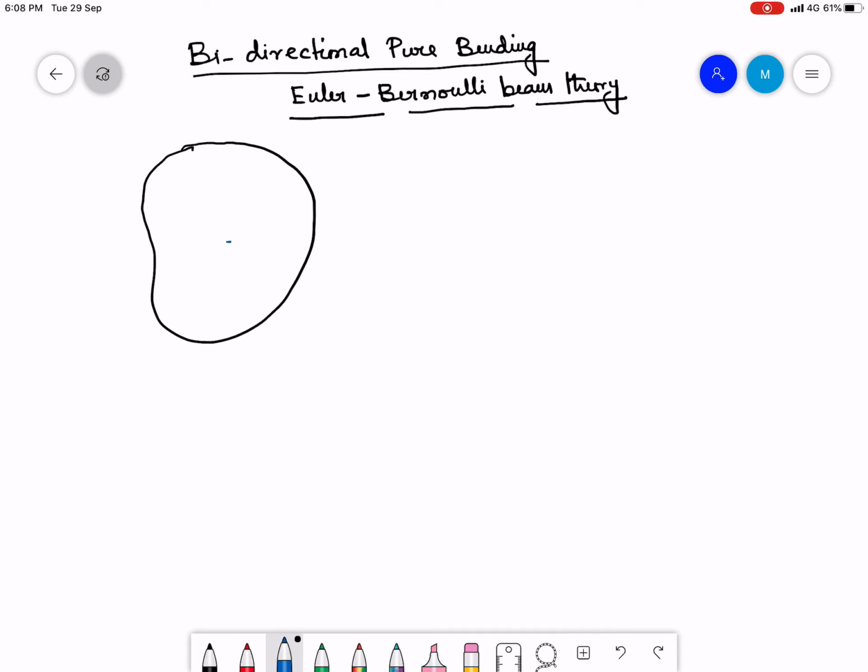Let me draw the in-plane axis, that is x and y. Okay, and the axis passes through C, which is the centroid of the cross section. Okay, so I have just drawn the arbitrary cross section of the beam.